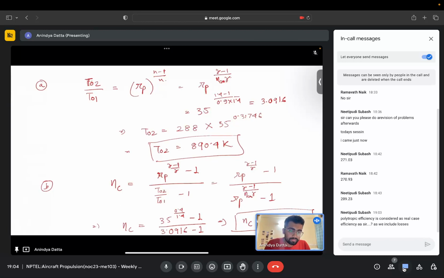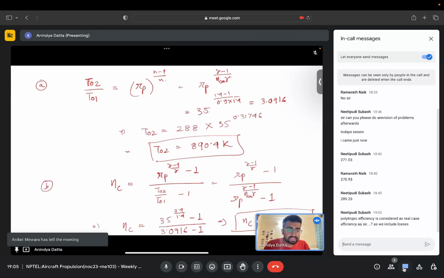So we are modeling that process as a reversible polytropic process with polytropic index n, and then coming up with an expression for the polytropic efficiency. You can go over and read the book by Saravanan Mattu, or listen to the lectures carefully where this is derived. But both are for real processes only, and we are defining the efficiencies in two different ways.